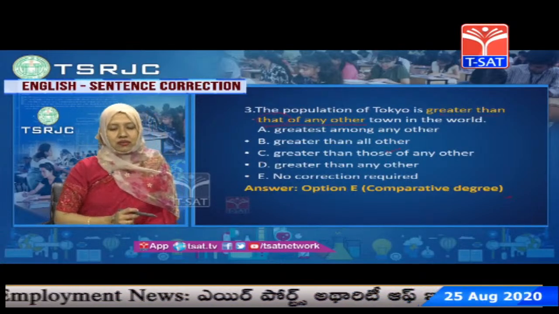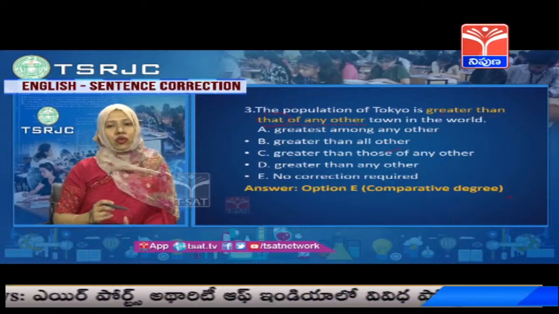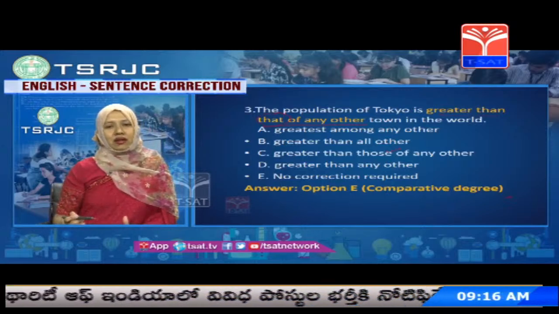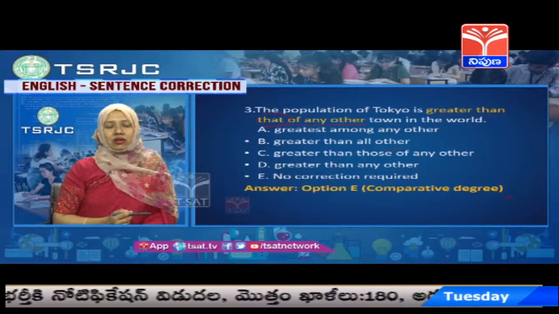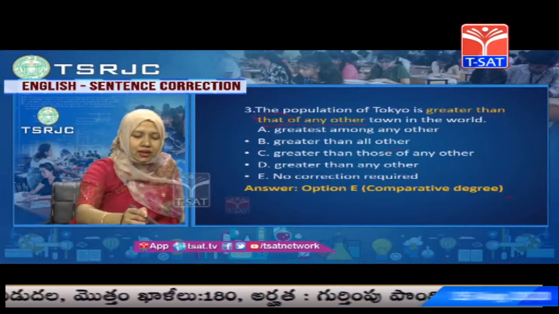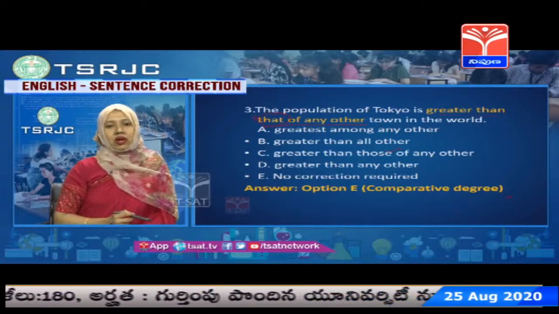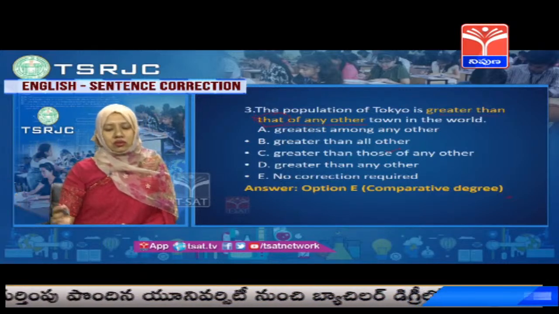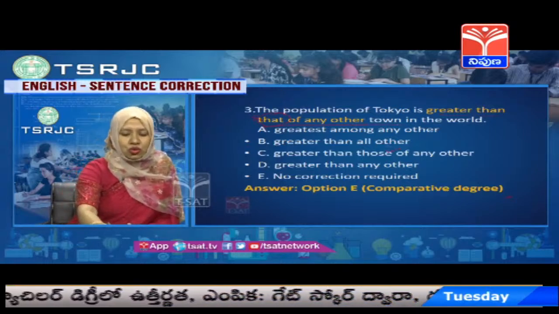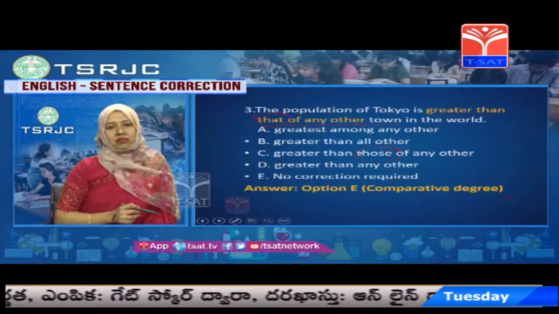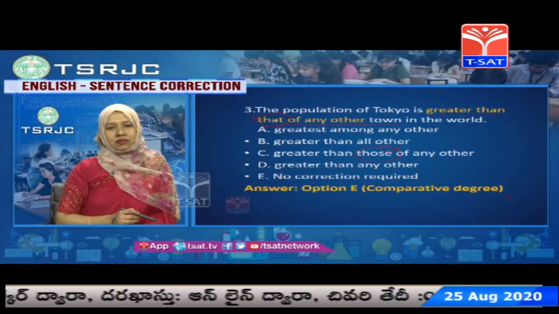The population of Tokyo is greater than those of other town in the world. You cannot say that. That is wrong here. You are comparing with many towns, other towns. So, here you should use those, not that.